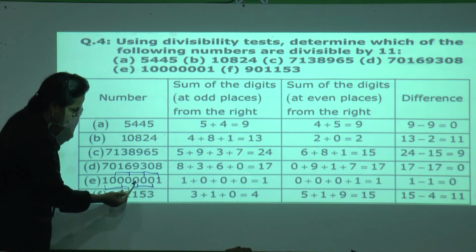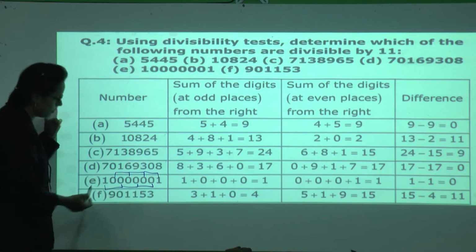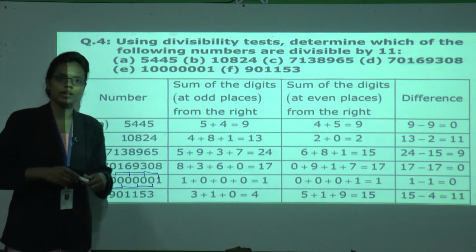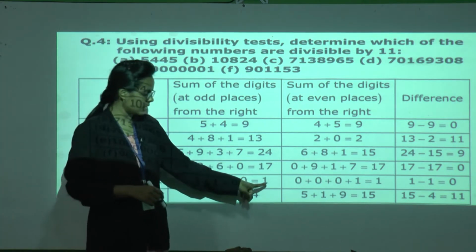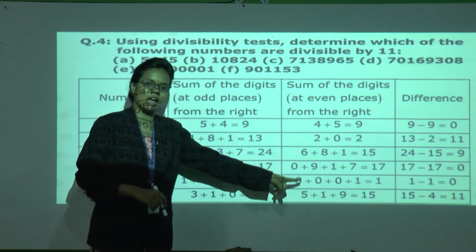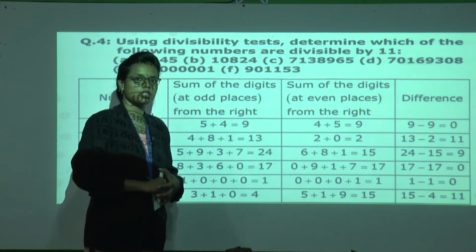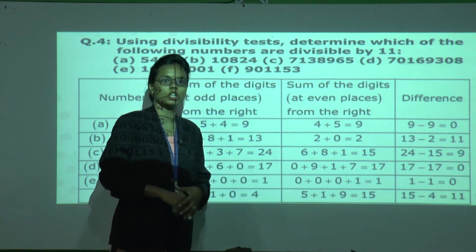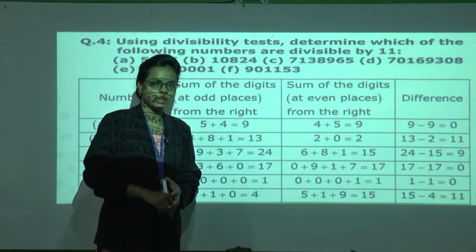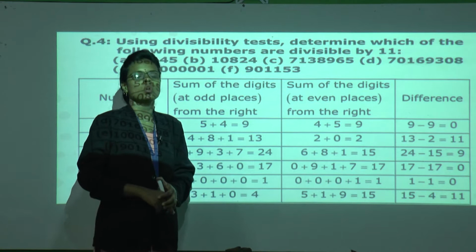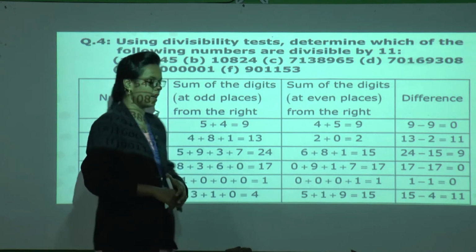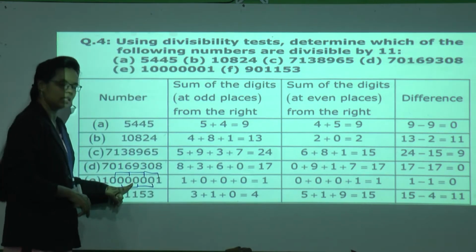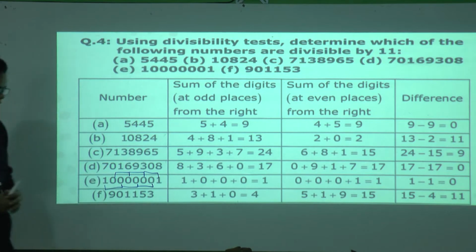So 0 plus 0 plus 0 plus 1, we get 1. At odd places we got 1, and at even places also we got 1. The difference is 1 minus 1, which is 0. So the number is divisible by 11.